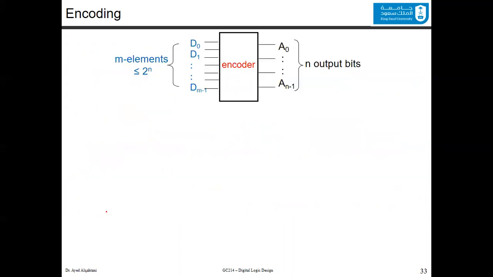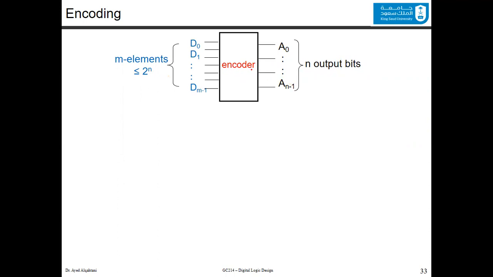To explain this further, this is the encoder. It has M Ds from D0 to DM-1. Usually it's either equal to the upper bound 2 to the power of N or less than that. And you have output bits from A0 to AN-1.